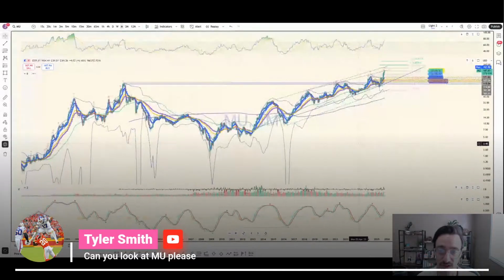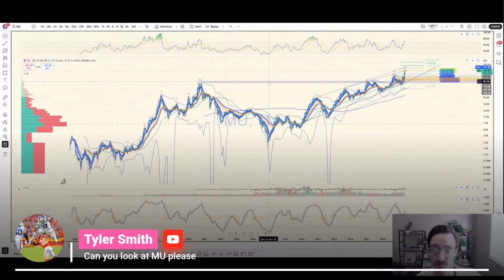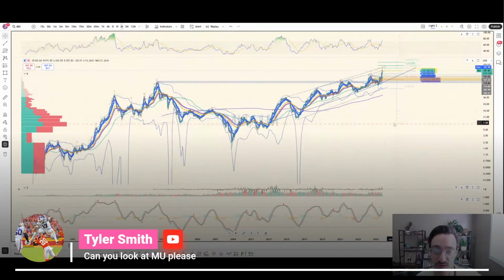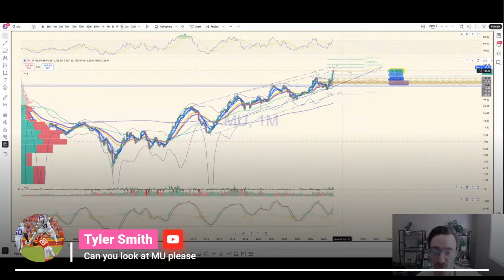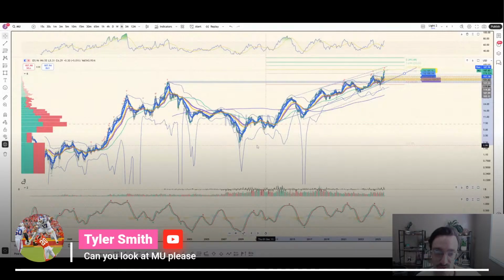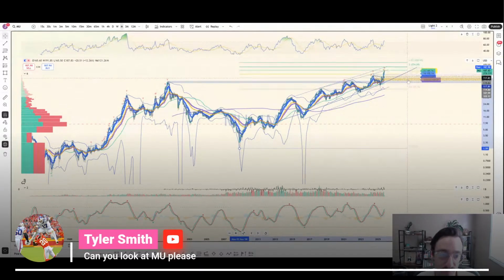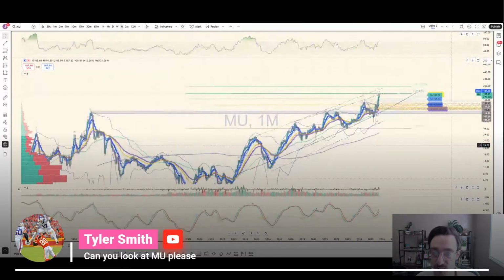Insane chart. But the big picture is that this is all a base going back 20, 25 years. So people think this is way overextended, but really it's just pushing up out of the base and confirming the breakout's real over the 1.2 fib. And really, if we draw the fib like this, that's probably the way we should do it.